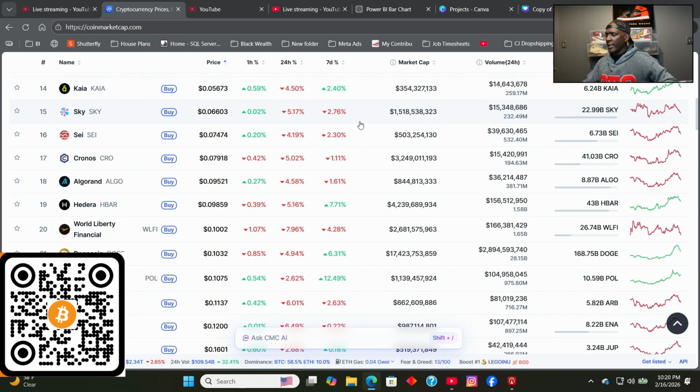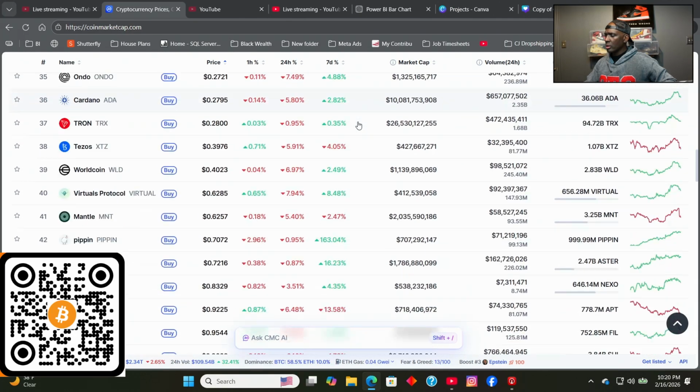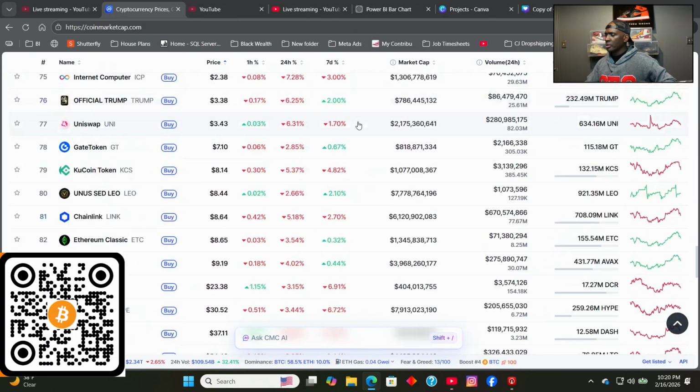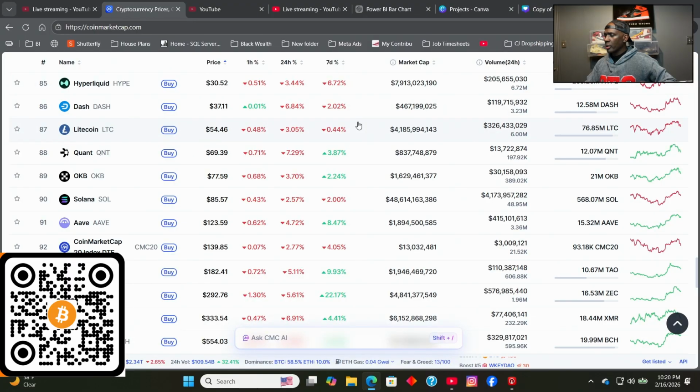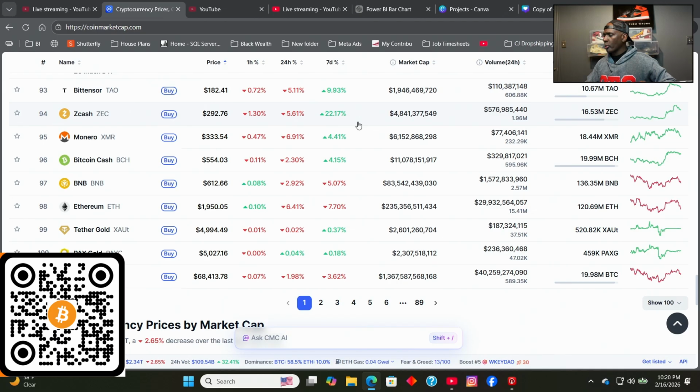If anyone has an idea as to whether there is a rhyme or reason why CoinMarketCap is listing different coins, being 1 to 100, 101 to 200, 201 to 300, 301 to 400, and 401 to 500. And that's pretty much what we're going to be, somewhere around 401 to 500.